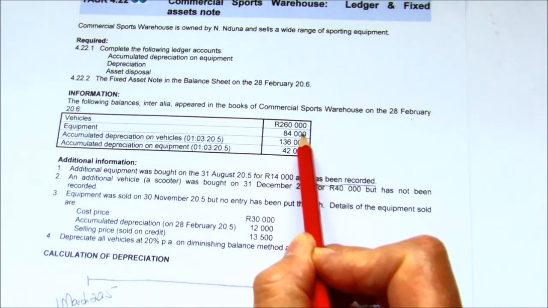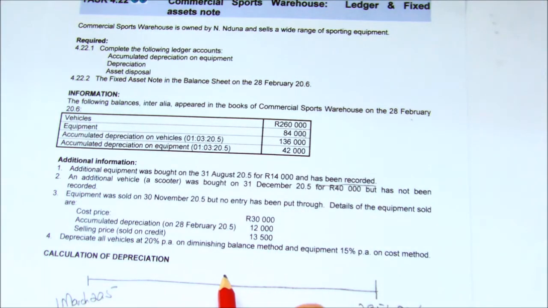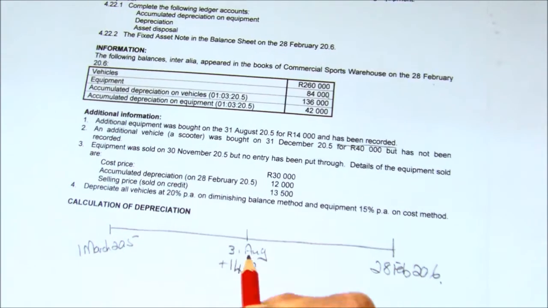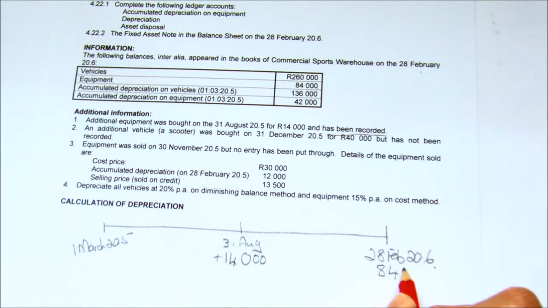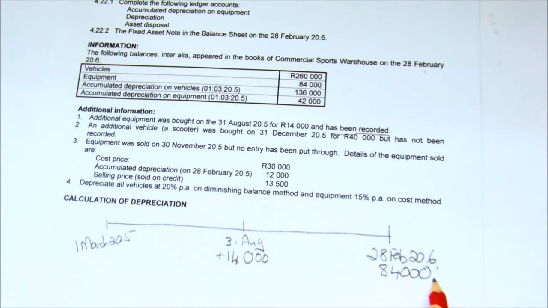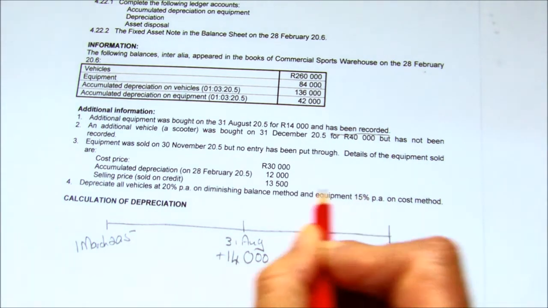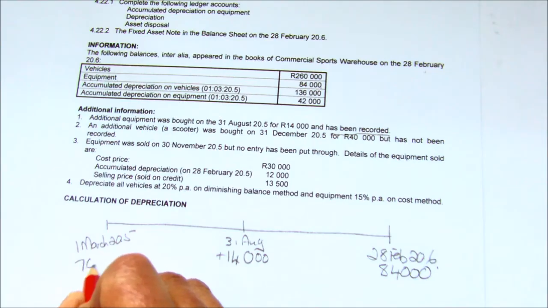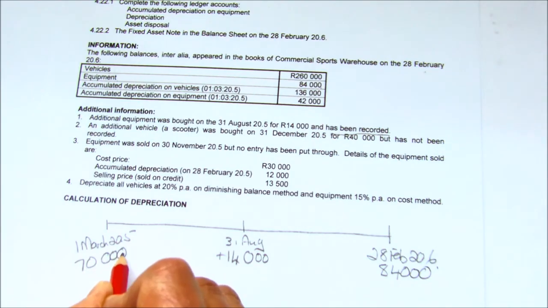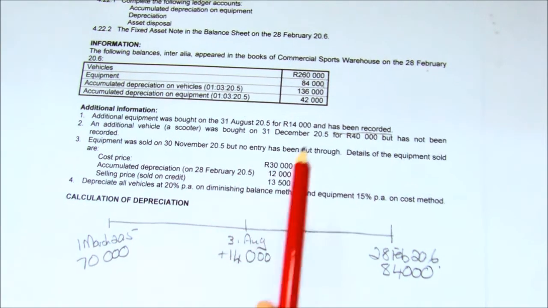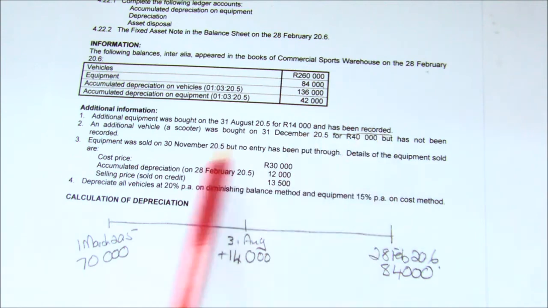So if you look up here, that 84,000 already includes the 14,000. That is your figure at the end of the year. So you're going to have to work backwards to get the figure at the beginning of the year, which was 70,000.